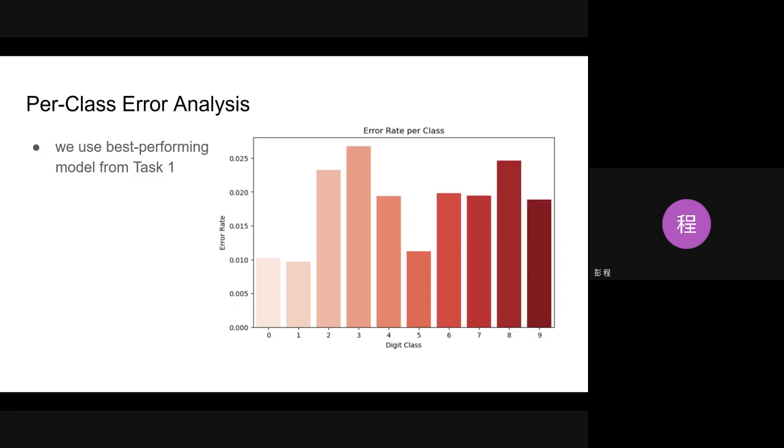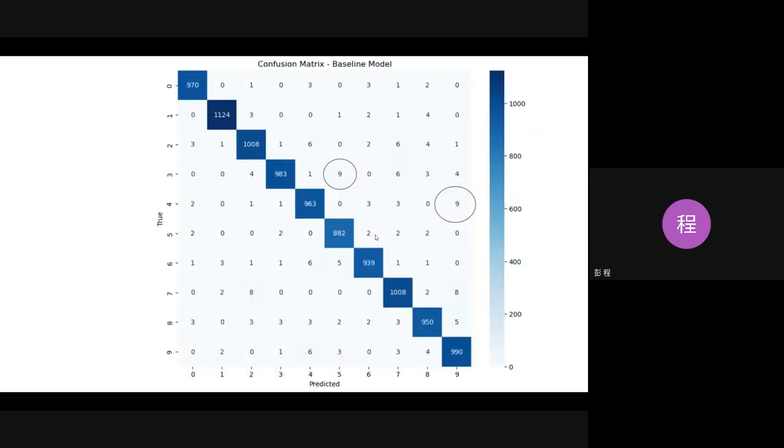Okay, next page. Here's a confusion matrix, and we can see from the diagonal that the correct rate is very high. But digit 3 is usually misclassified as 5, as I circled here, and digit 4 is usually misclassified as 9.